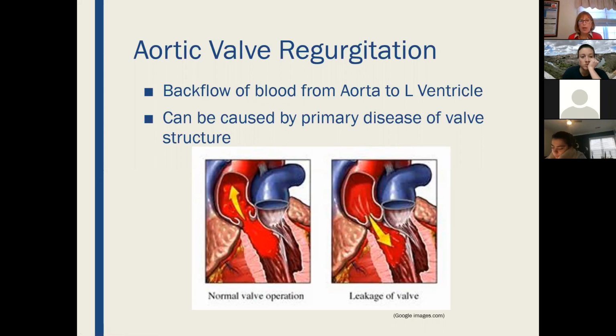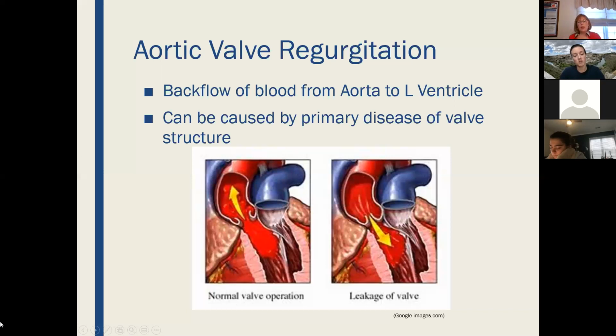everybody's happy. Except after that pump happens, the door needs to close so the ventricle can collect another pot of blood to send out. And it won't. It won't close tight enough, so some of the blood going up to the body comes splashing back down into the ventricle. So that's decreasing your cardiac output, right?